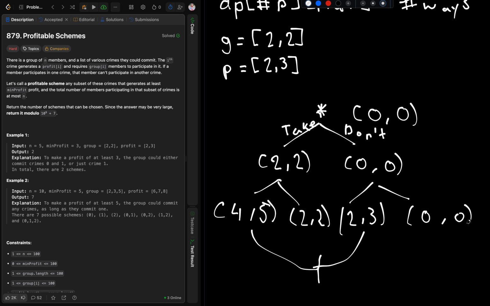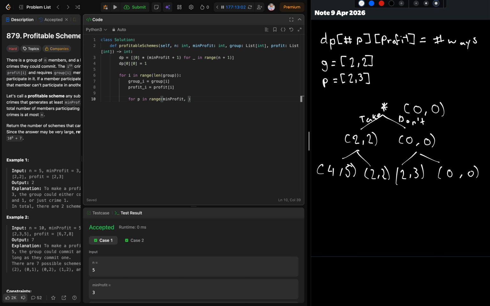Okay, and then for the profits, actually for P in a range from min profit to minus 1 to 0.